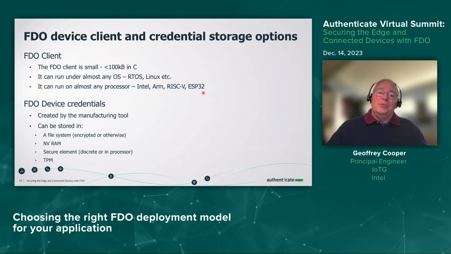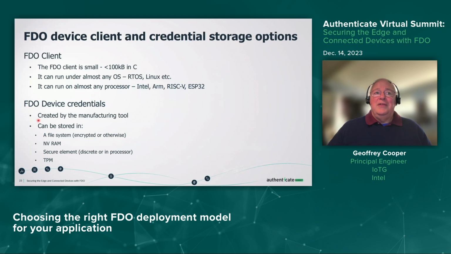It requires some cryptography, but it doesn't require a lot of processing. It could be an MCU class processor, an Intel processor, an ARM processor, or even a server class processor. They'll all work.